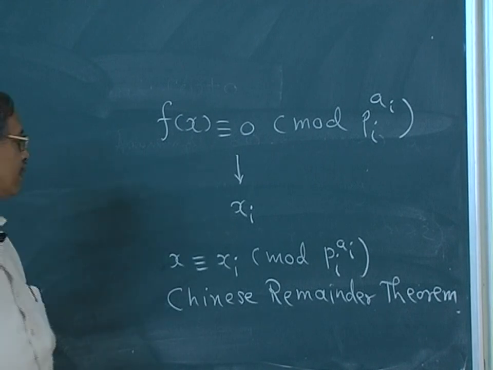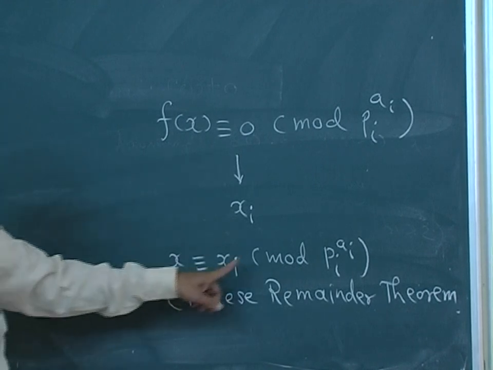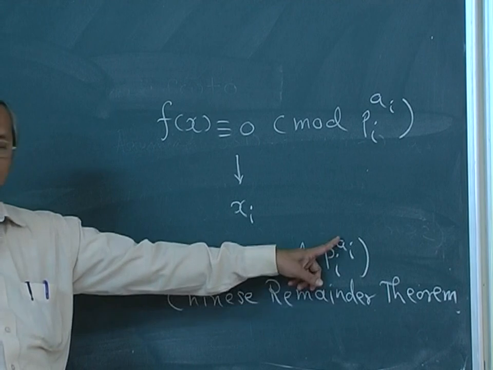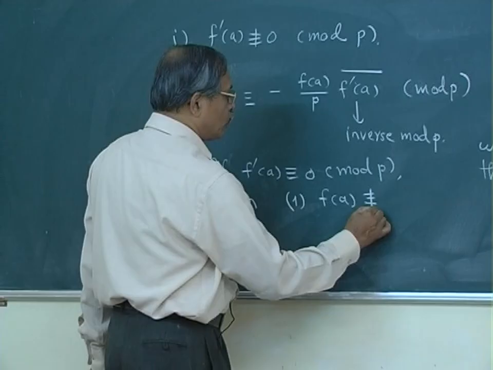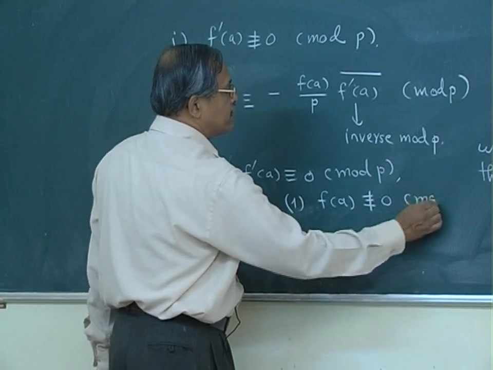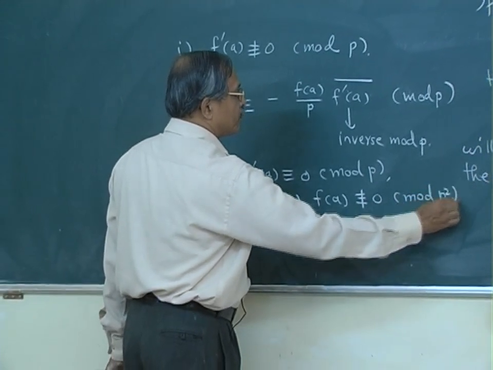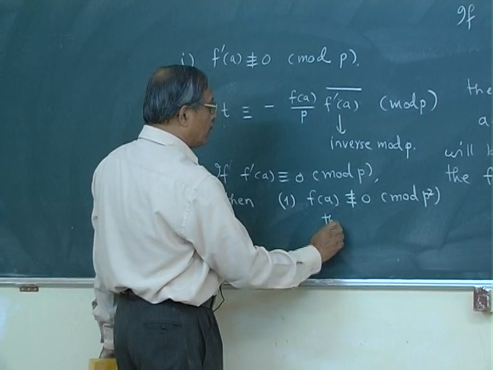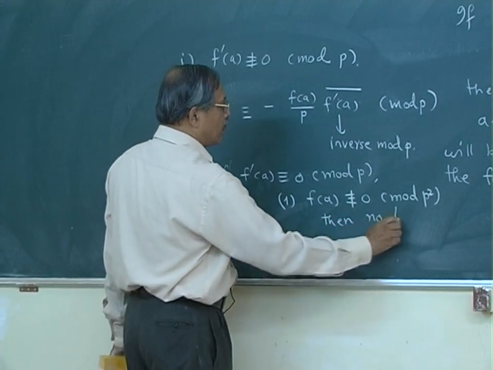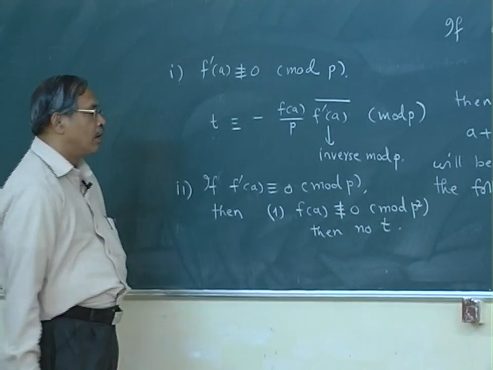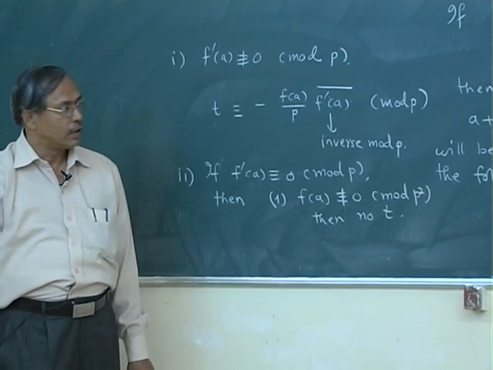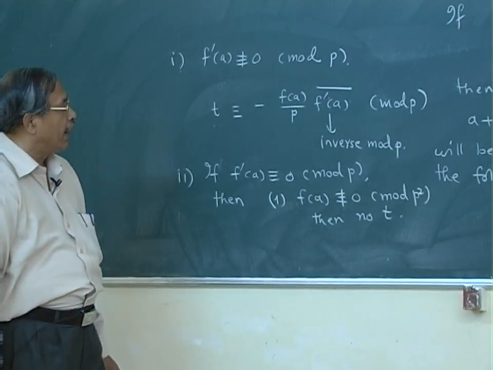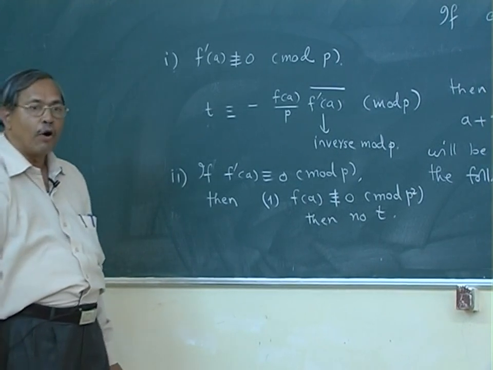Why? Because if x congruent to x_i mod p_i raised to a_i, then f of x is congruent to 0 mod p_i raised to a_i. If f(a) is not congruent to 0 mod p square, then no t, there is no t between 0 and p minus 1, for which a plus tp is a solution mod p square.